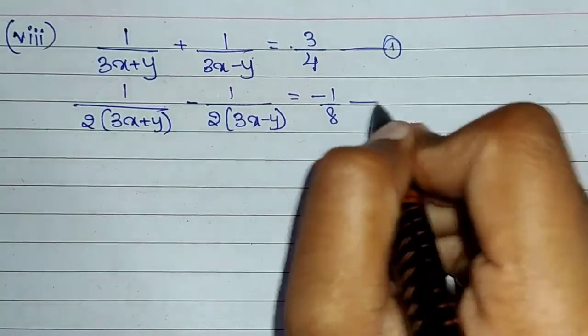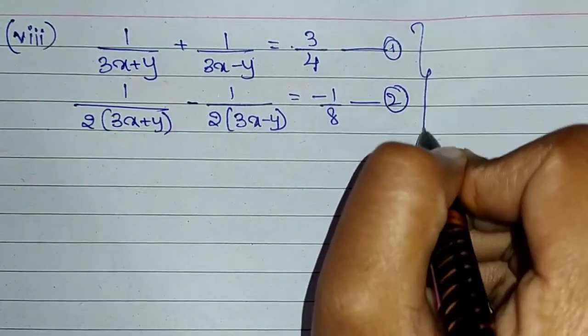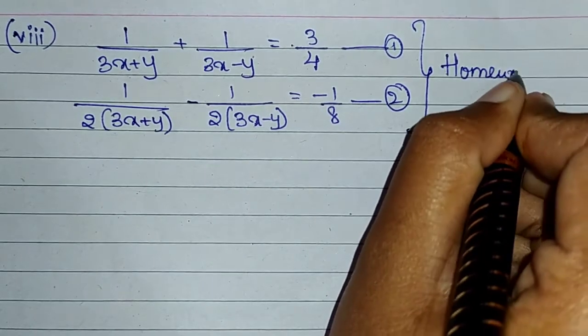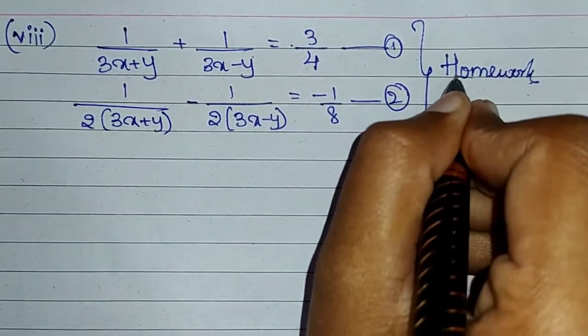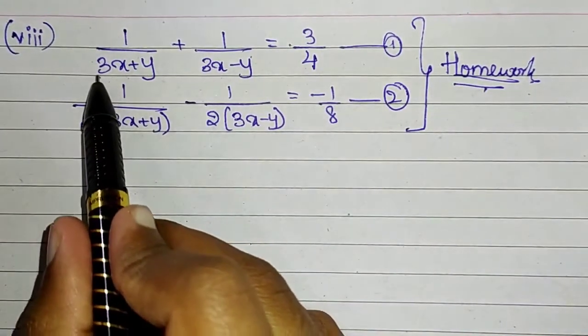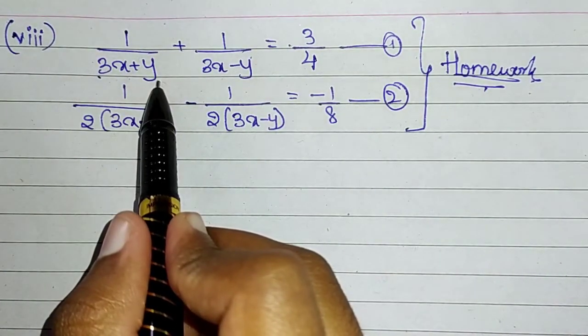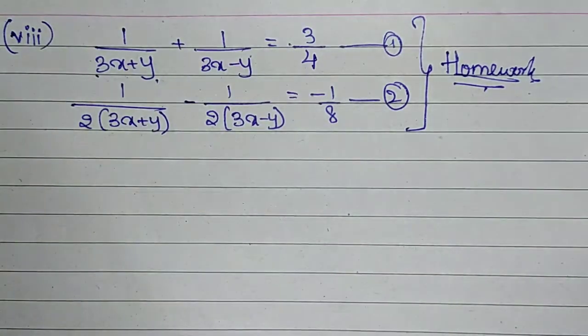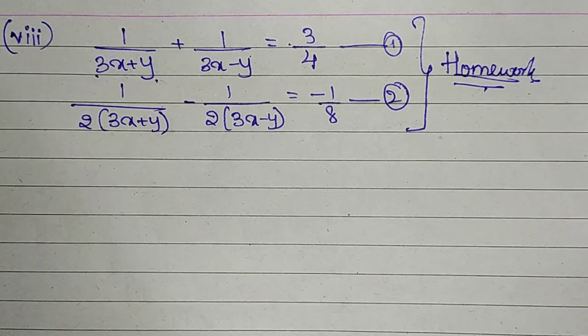This is equation 1 and this is equation 2. Take these two as your homework. Solve this set of equations as your homework. Here, put 1 by 3x plus y as a and 1 by 3x minus y as b, and solve the linear equations which you obtained to find the values of x and y.